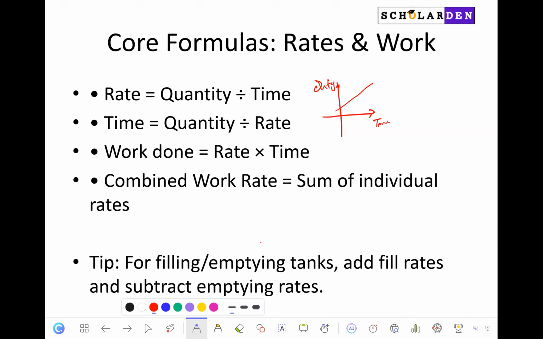So in essence, the rate is the same as slope. The only thing being, the x-axis now represents time specifically, whereas the y-axis could be any other quantity. So rate is your quantity divided by time, or quantity over time.